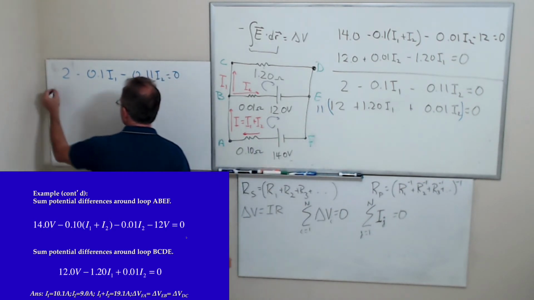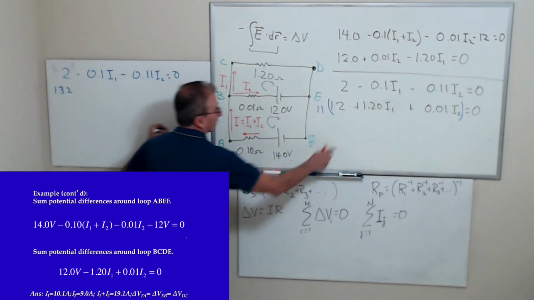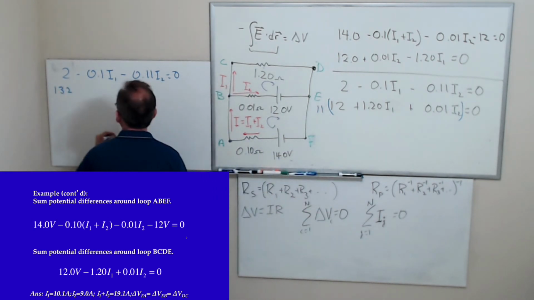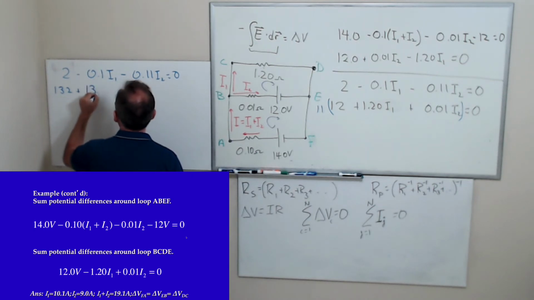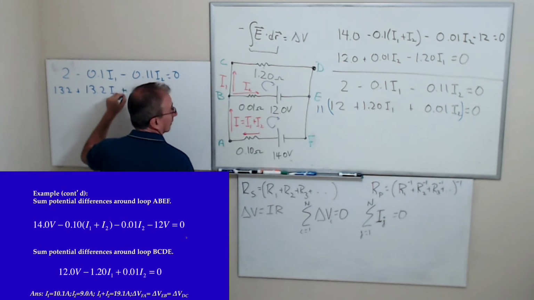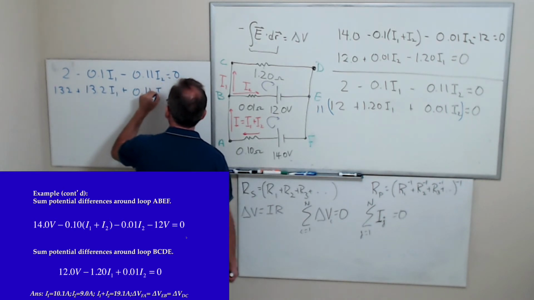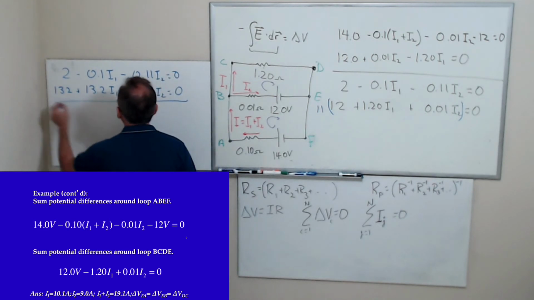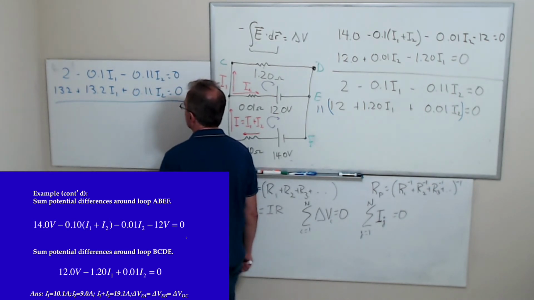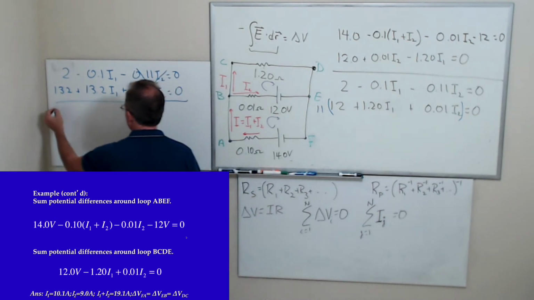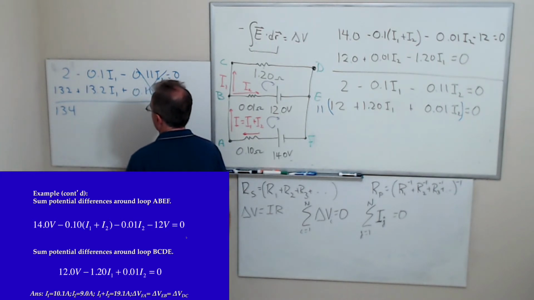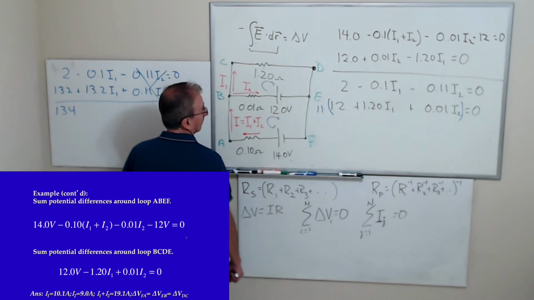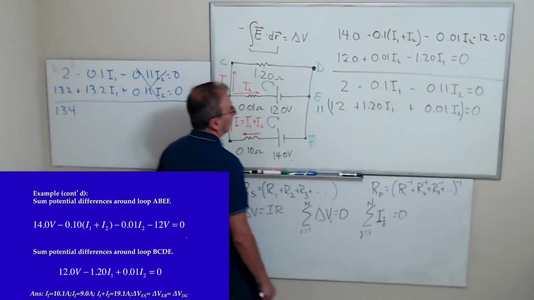11 times 12 is 132. 11 times 1.2 is, I think, 13.2. Then I'm going to add the equations. These will cancel out. I get 134. Oh, I made a minus sign error.